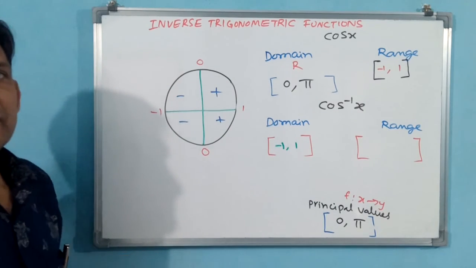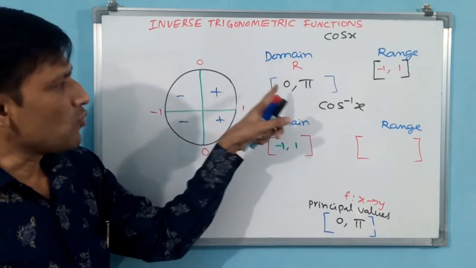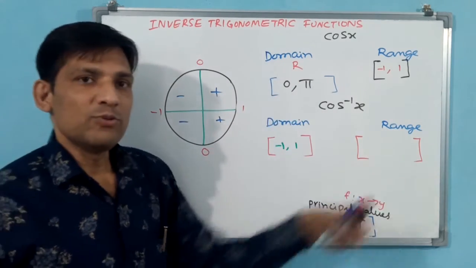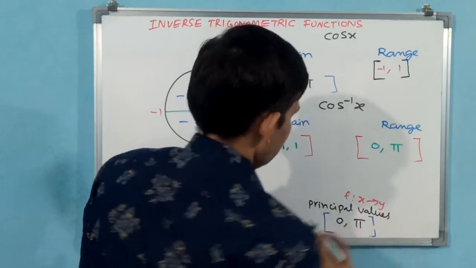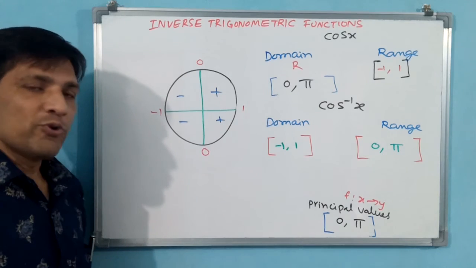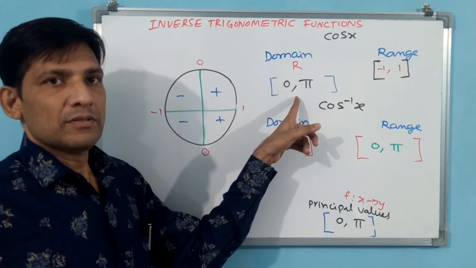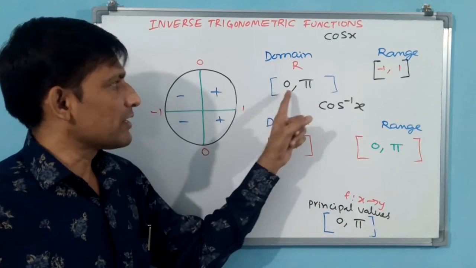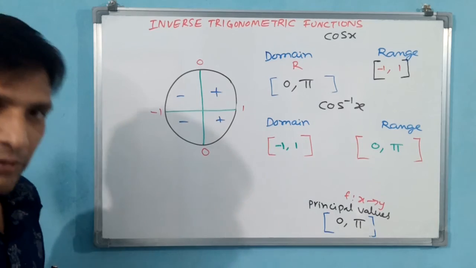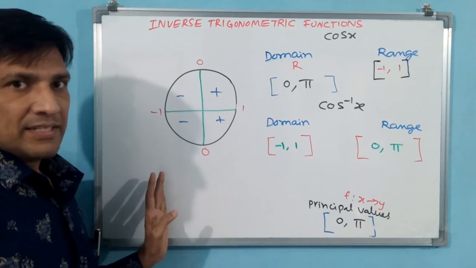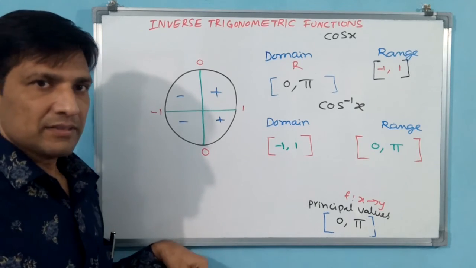100% you can write. Then what will be the range? Not R. You have to write 0 to pi, the principal values, as the range. Here we have already taken that, which is why results come only in 0 to pi. This is the concept for inverse functions of sine and cos.